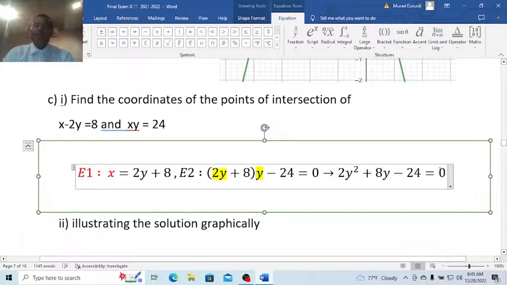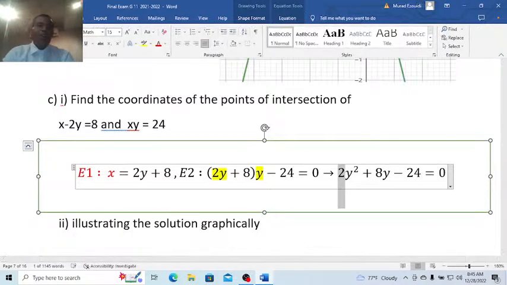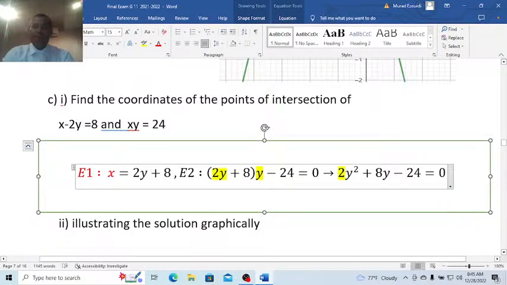Therefore, if you are going to use the discriminant or the quadratic formula, you will set a is 2, b is 8, and c is negative 24. So you got a quadratic equation.